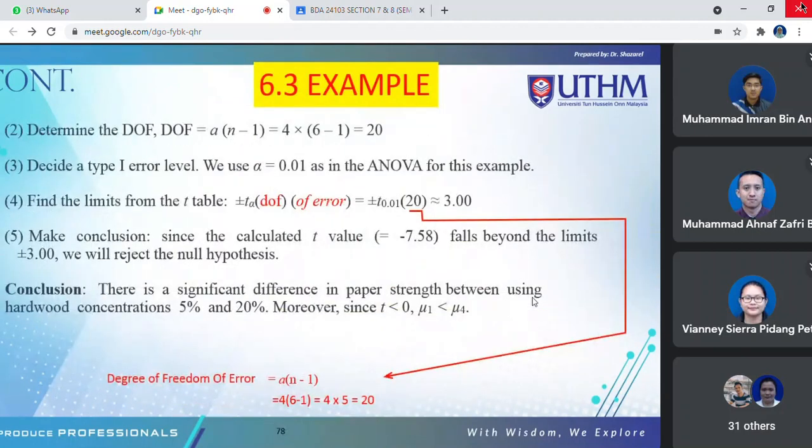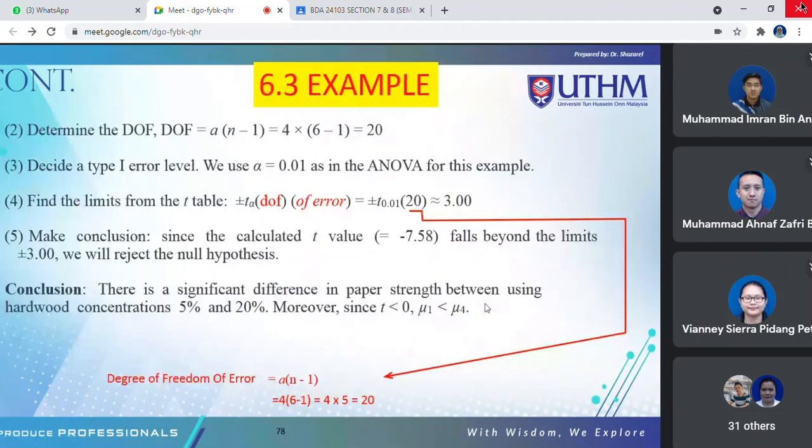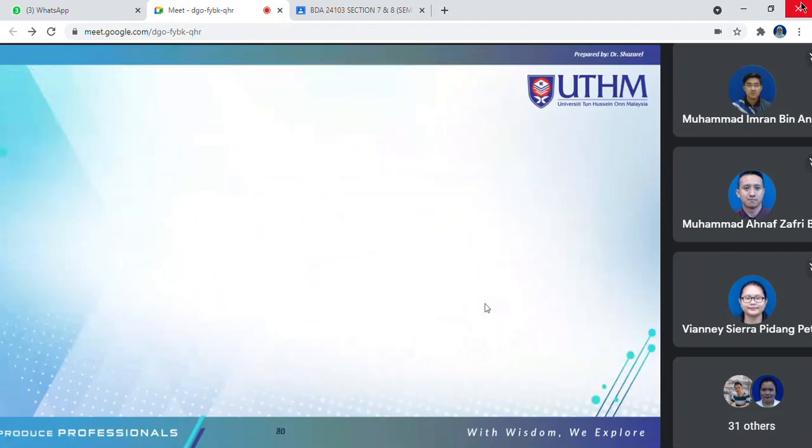And then we have the general procedure to test the individual level means: calculate the T using equation 6.1, determine the degree of freedom, specify the type 1 error alpha, then look at the plus minus T alpha, and make a conclusion by comparing the calculations, as just shown in the previous slide.